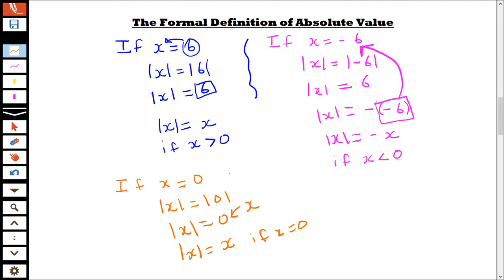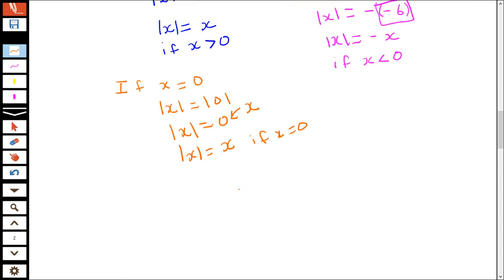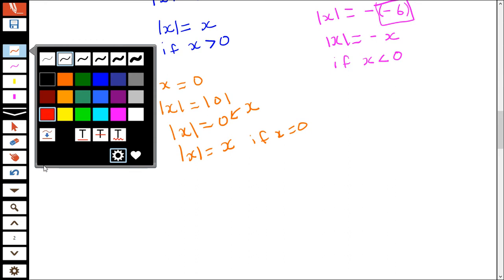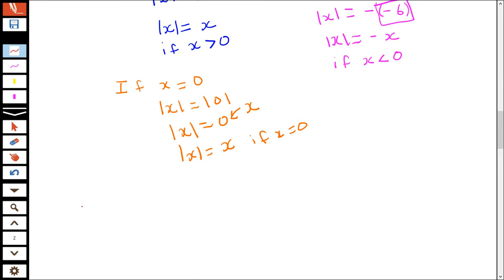Okay? So that means we can write down a formal definition for absolute value. Okay, so let's do that down here. Conclusion. Okay, now, absolute value of x. Now, when does it equal x?